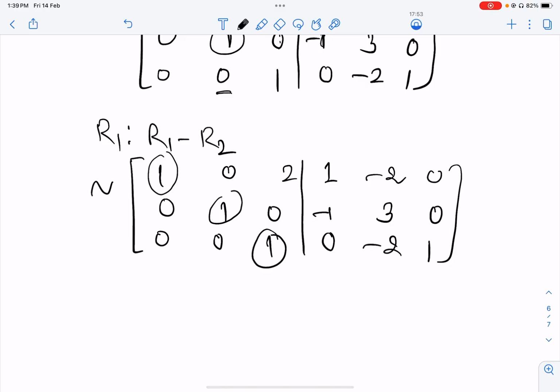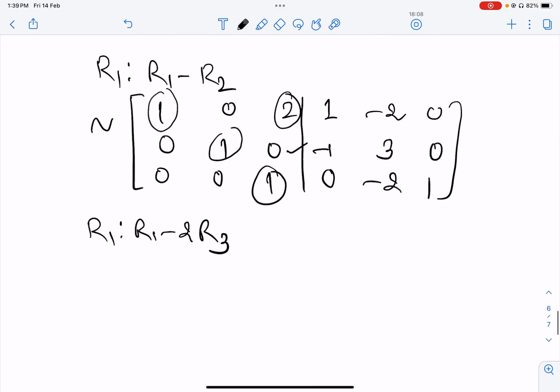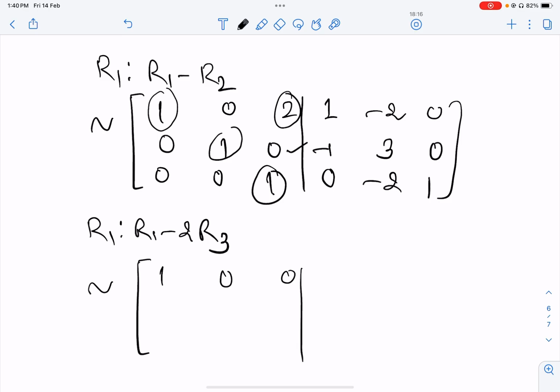Now here also 1. Make all the entries above 0. Here it is already 0, so make this one only 0. So R1 minus 2 times R3, and that is equal to 1, this is 0, minus 2 plus 2, so that is 0.